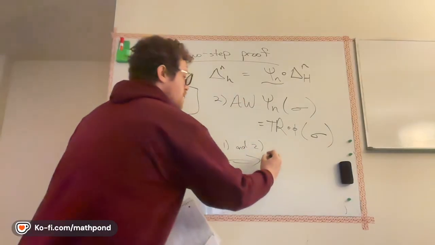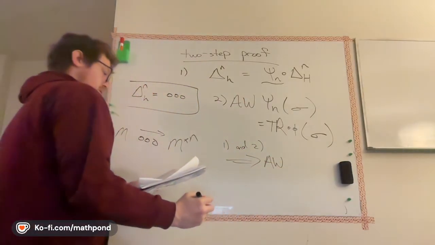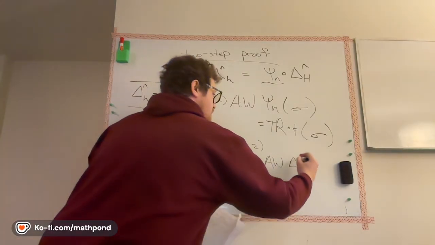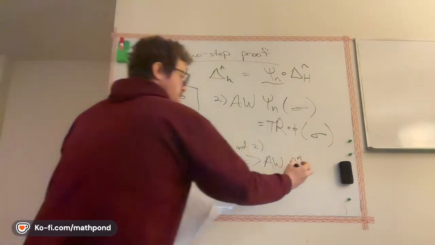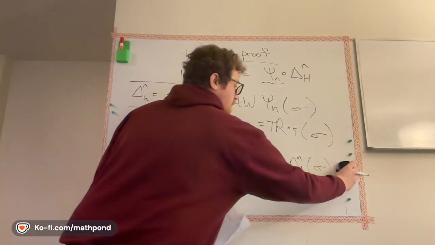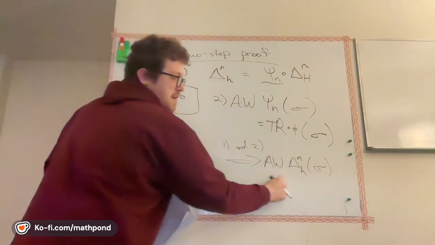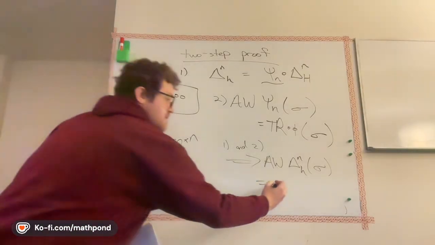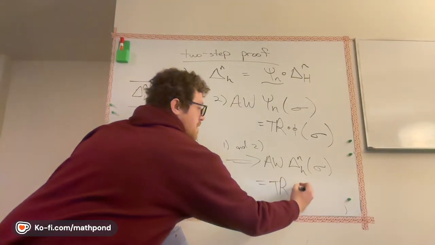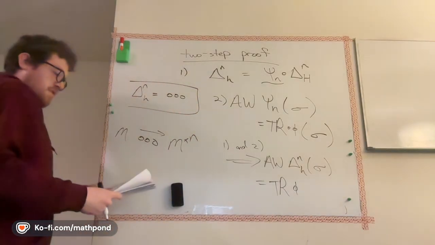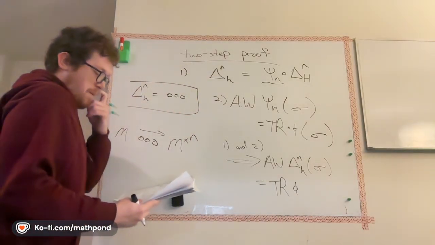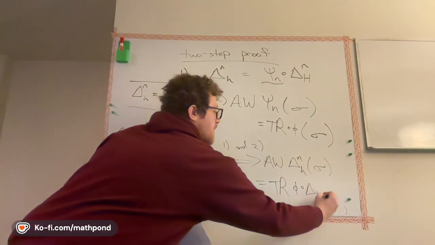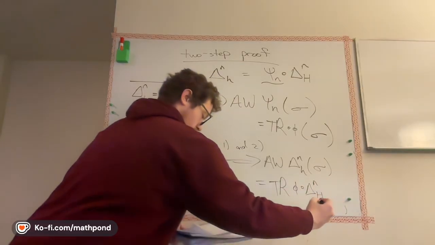exactly what we want to prove: the Alexander-Whitney map of delta n, or delta h, little h, of sigma. This is the thing that we're trying to figure out. But 1 and 2 say, okay, we know what it is. It's just the table reduction of this forgetful map, and then the operatic stuff, big H, and then plug in sigma.